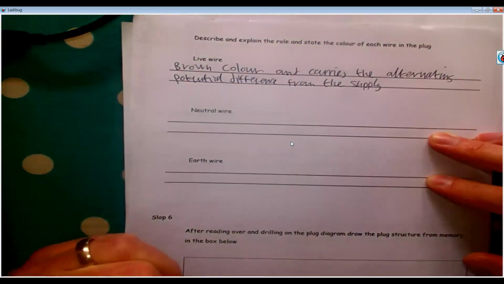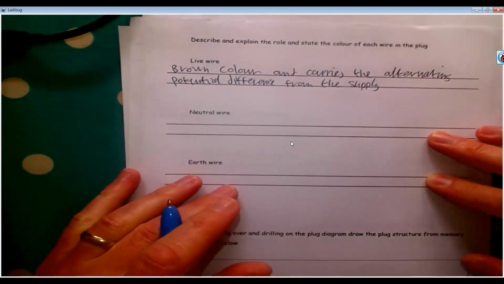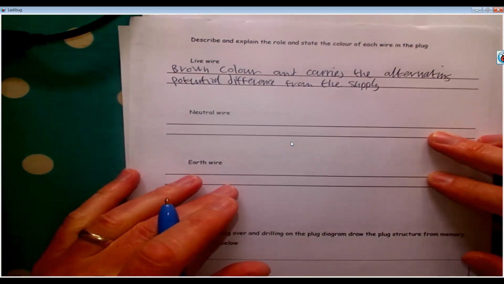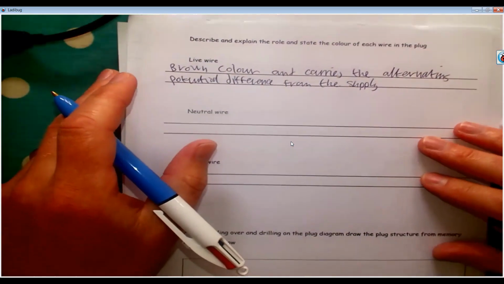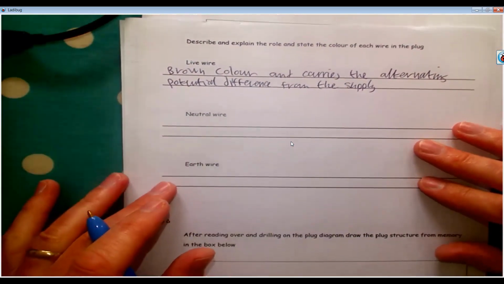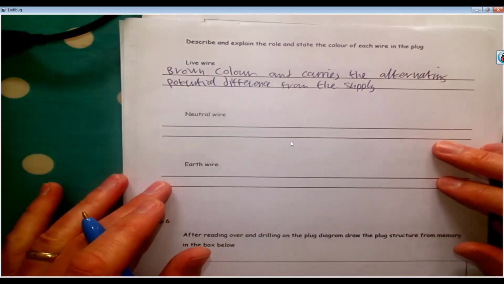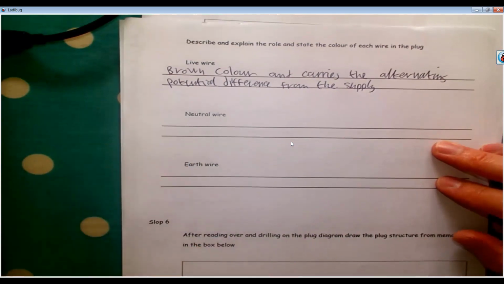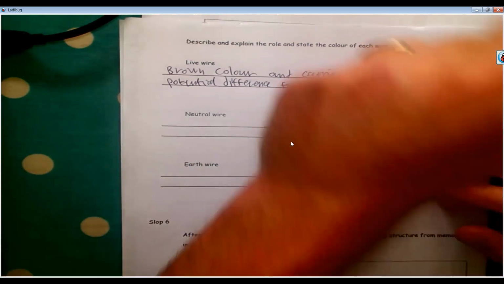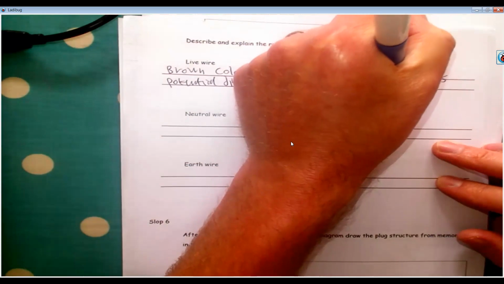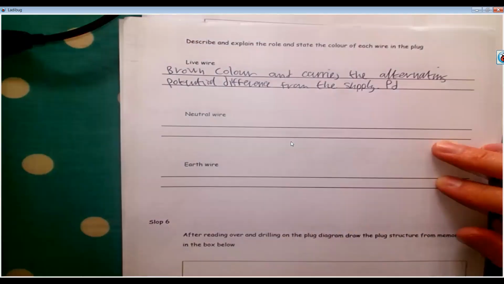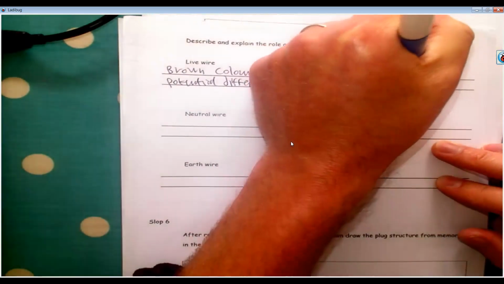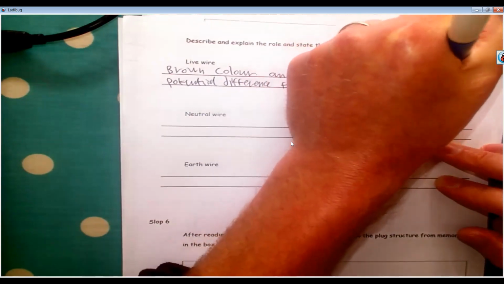So that basically means it takes the current, carries the potential difference into the device from the mains or wherever. It's most likely to be mains if it's going to be alternating. What else do we need to know about it? The potential difference is equal to 230 volts.